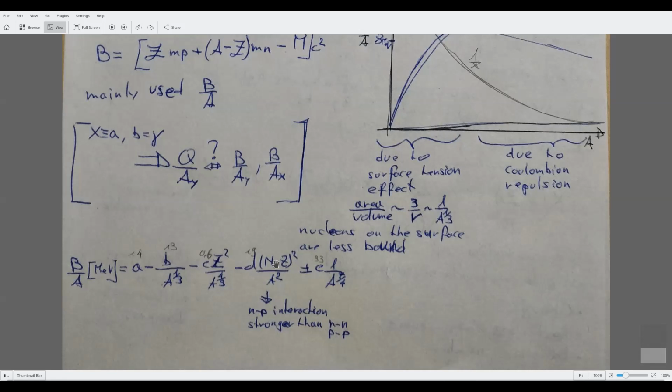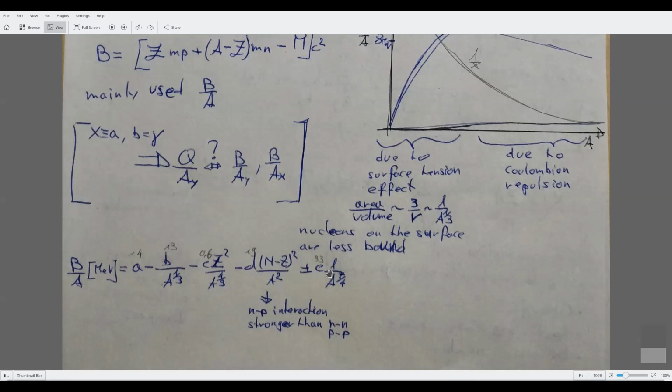This is because the interaction between a neutron and a proton is more stable and stronger than an interaction among neutrons or among protons. They like to stay more together, neutron and proton, than the other. So if there is a difference, you are changing.